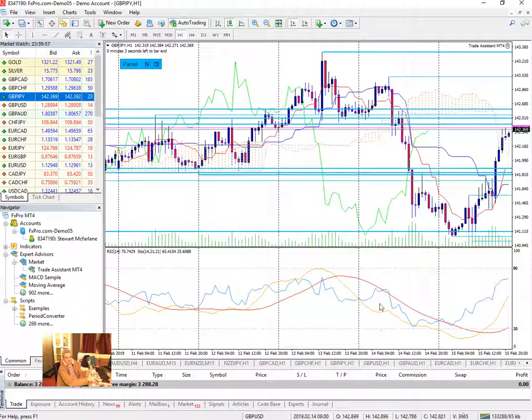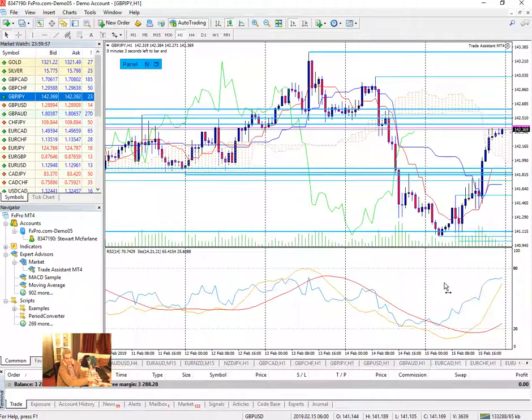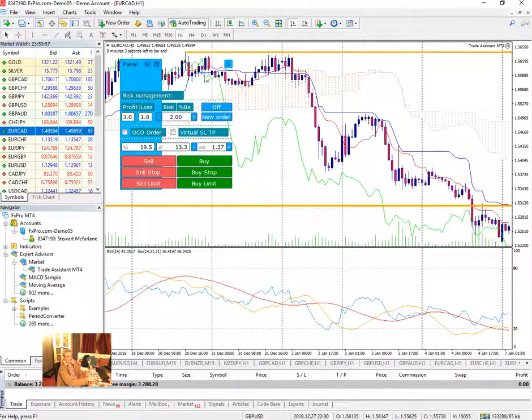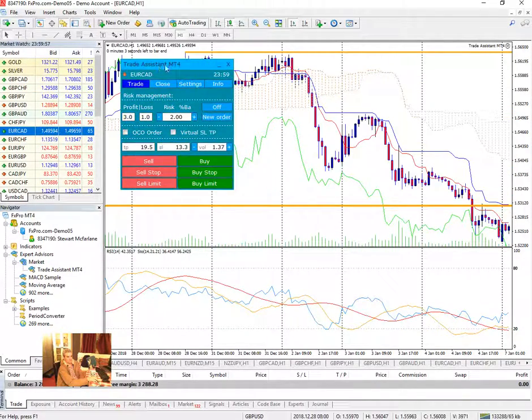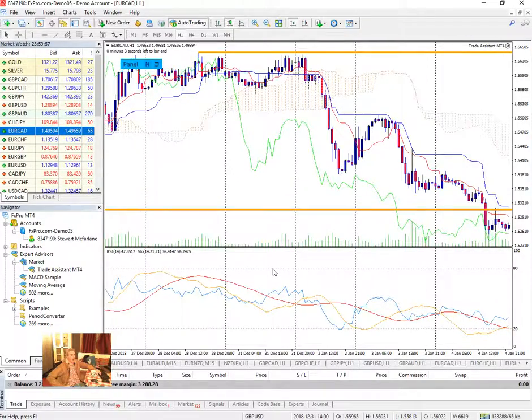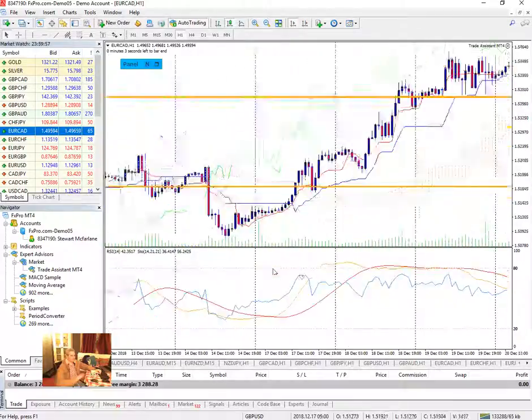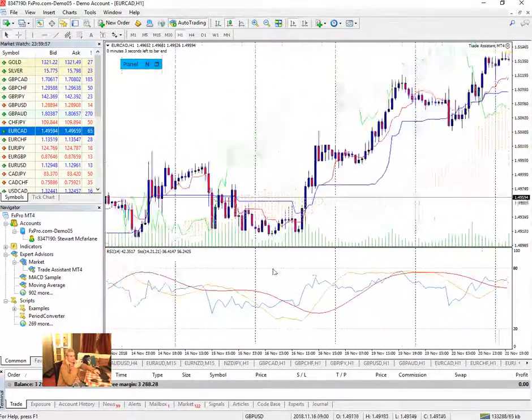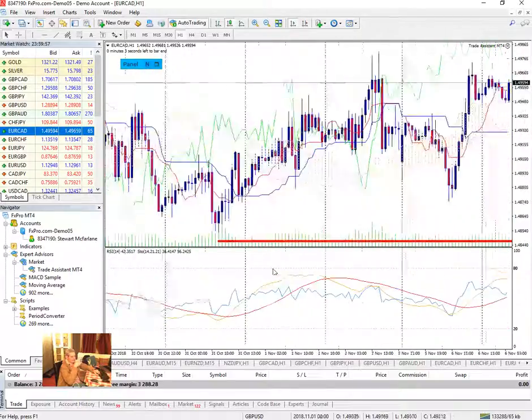Okay, is that going up? Maybe. Be interesting to have a look on the higher time frames to see what the stock's like.